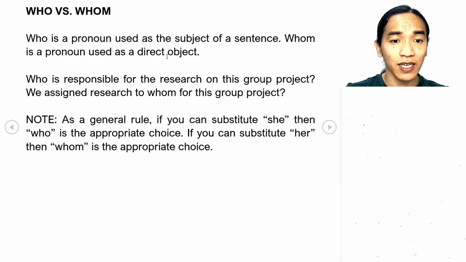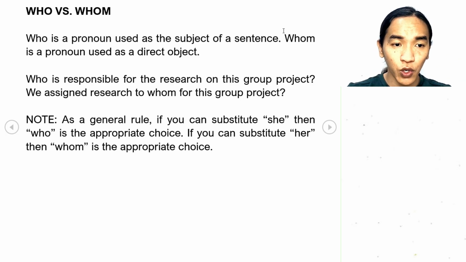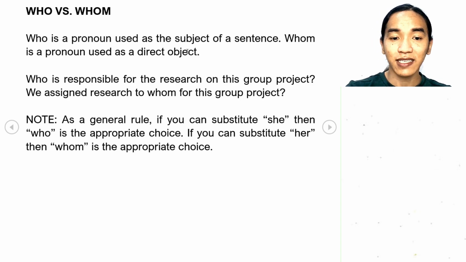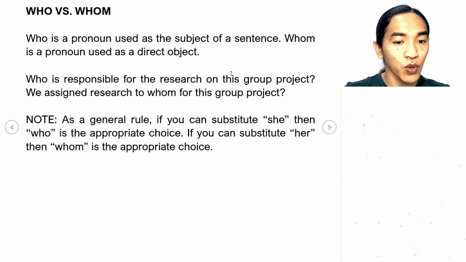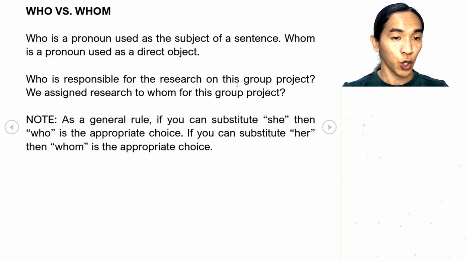As you can see, who is used to replace the subject of the sentence. Whom is used to replace the object of the sentence. As a general rule, if you can substitute she, then who is the appropriate choice. If you can substitute her, then whom is the appropriate choice. So that's the subject and the object for who and whom.